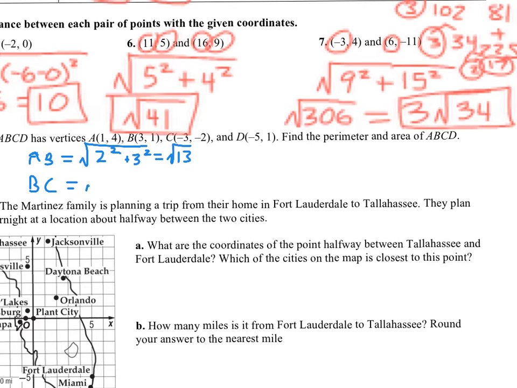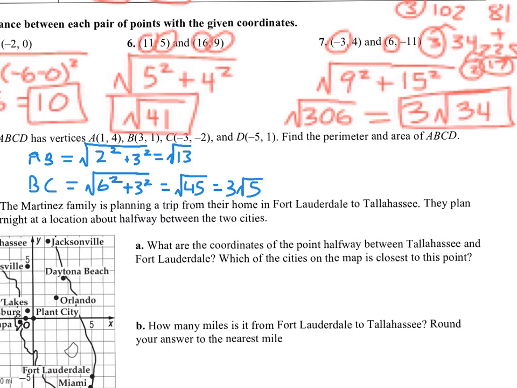So BC, B and C have x-coordinates that are 6 apart and have y-coordinates that are 3 apart. So 36 plus 9 is 45. This is 3 radical 5.